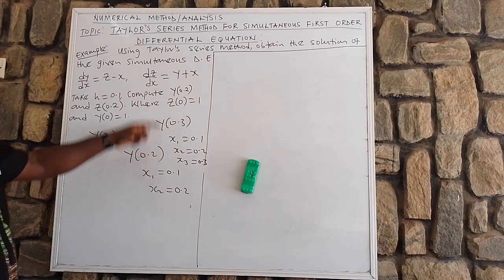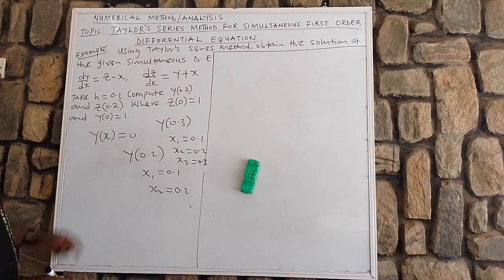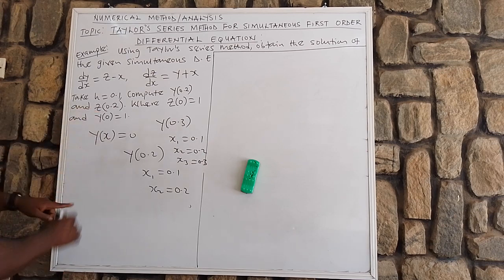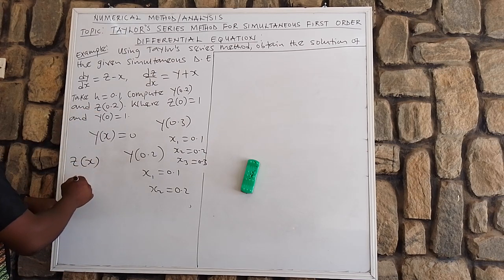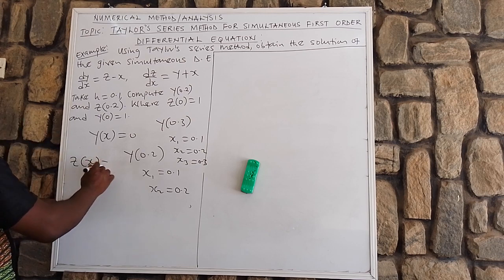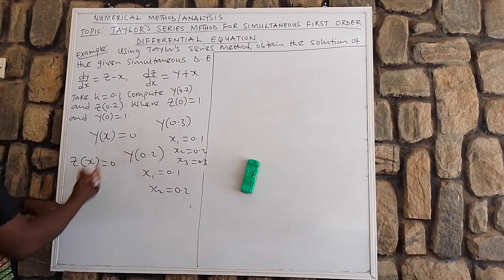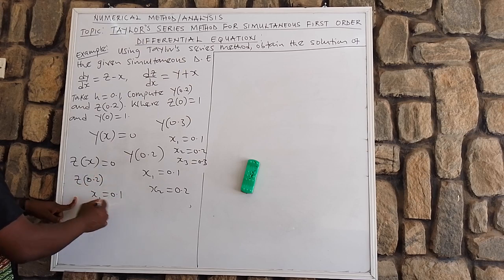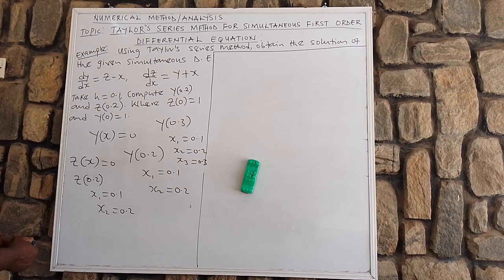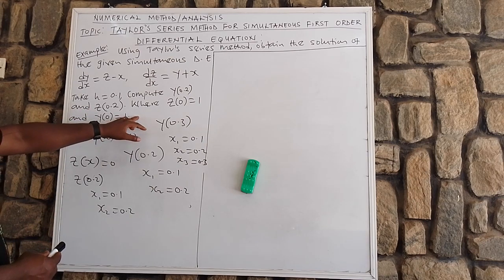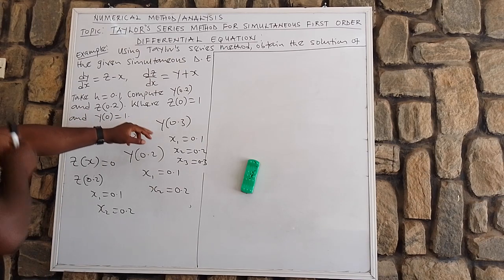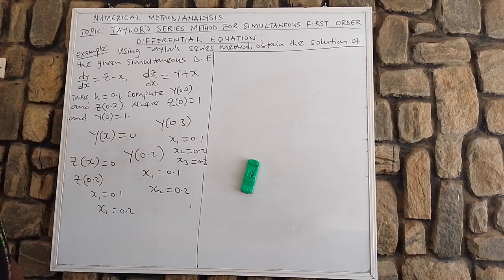I'm explaining this because we are going to make use of all this while substituting. Okay, so the same thing applicable, z of x. So this implies that equals to 0, this implies the same thing. So now we have z of 0.2. It implies that our x1 is equal to 0.1, then our x2 is 0.2, because y and x are dependent variable and x is independent.